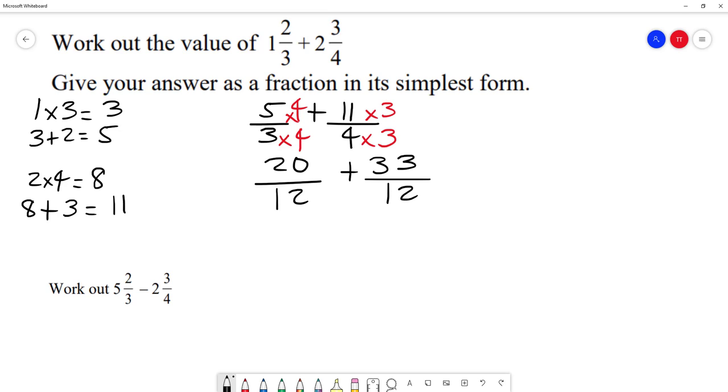So now we get 53 over 12, and we can make this into a mixed number. We ask how many 12s go into 53. That's 4 times, because that's 48. If I add on 5 to 48, I get 53. So that gives me 4 and 5 over 12.